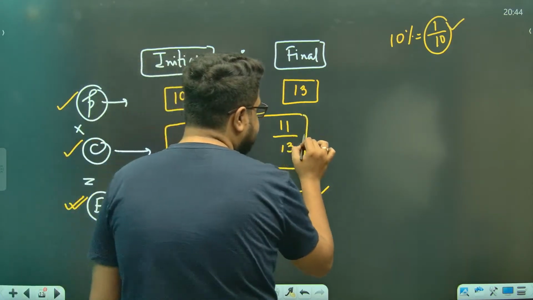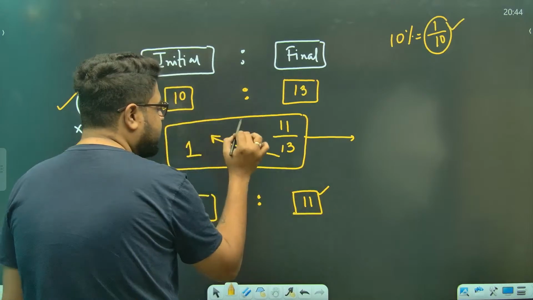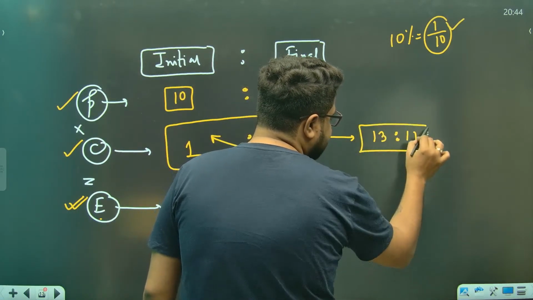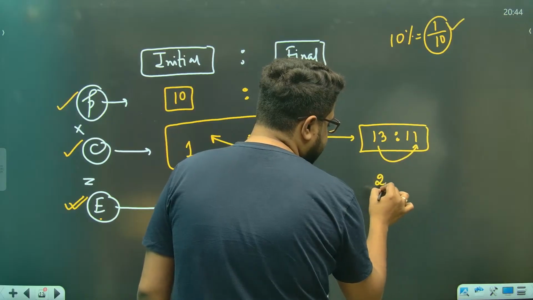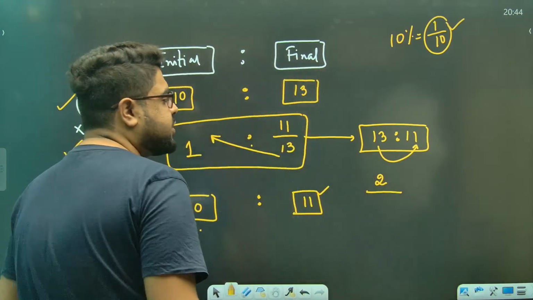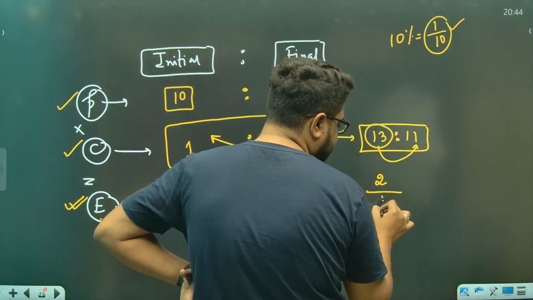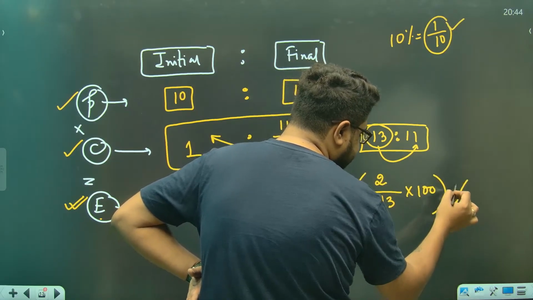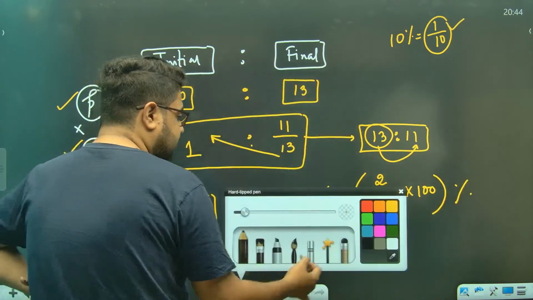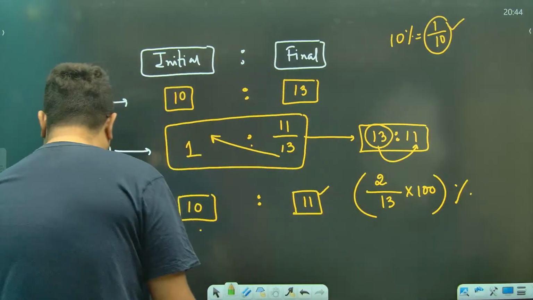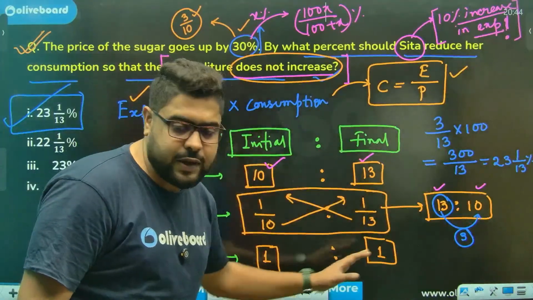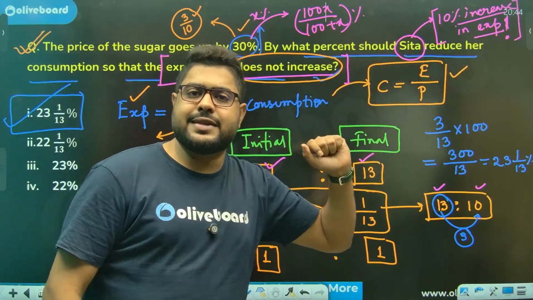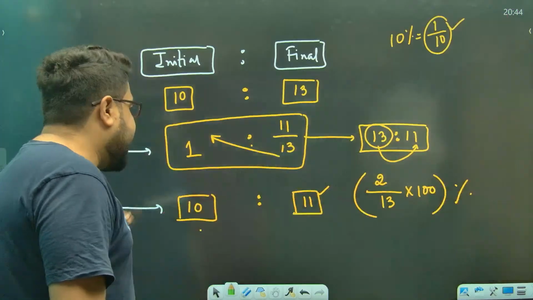So if you take this ratio, crisscross, you do. So 13 ratio 11, sir. A reduction of 2 units in consumption out of 13 units into 100%. This is the percentage reduction in consumption. You see, once you start solving the question in a natural, conceptual way, then all the changes in the question you can manage.